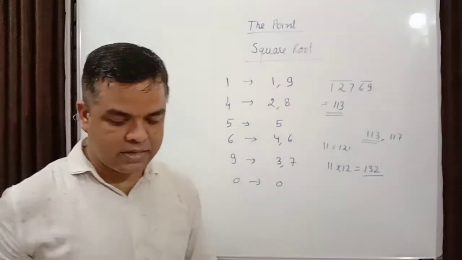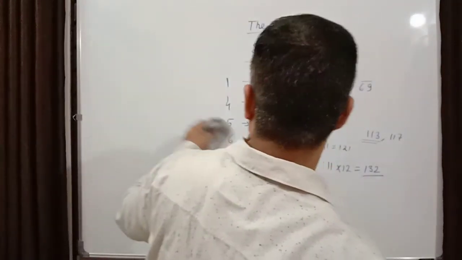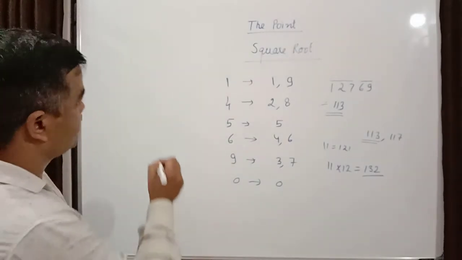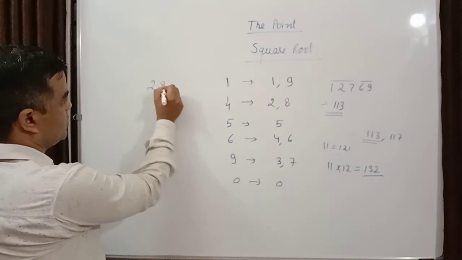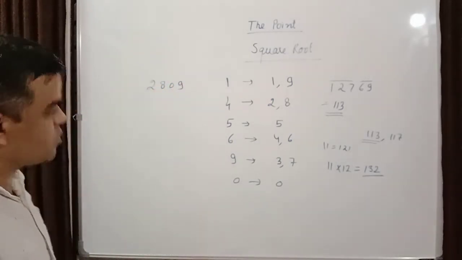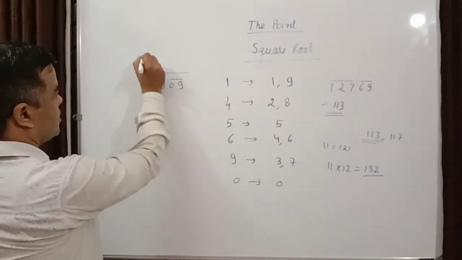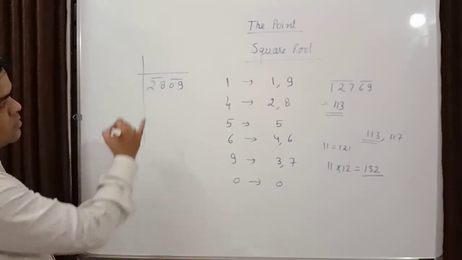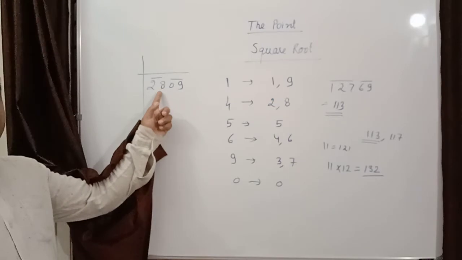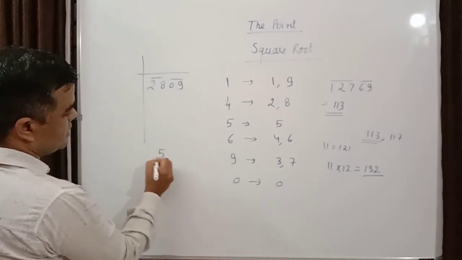Okay. So take another example. 2809. This is the number now, 2809. Again make the pairs. So 25. 5 square is 25 and this is nearer to 28. So 5 will be one digit.